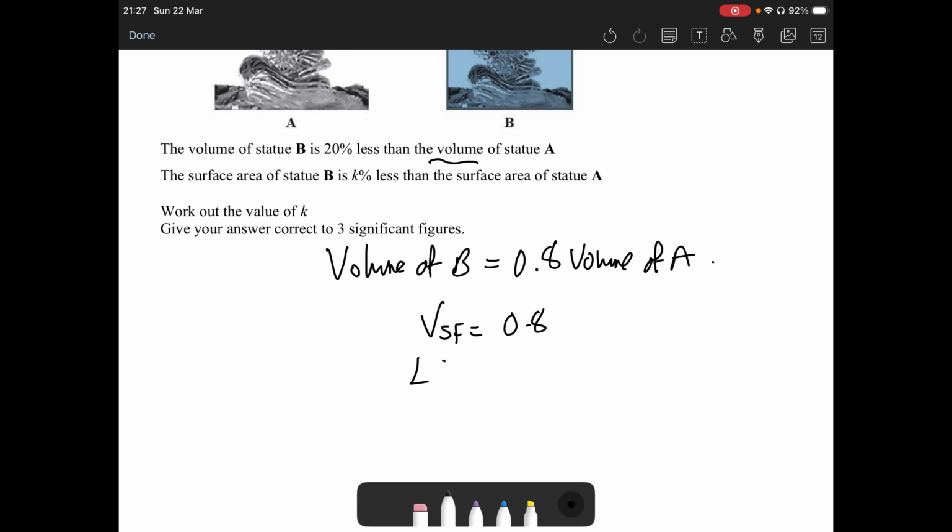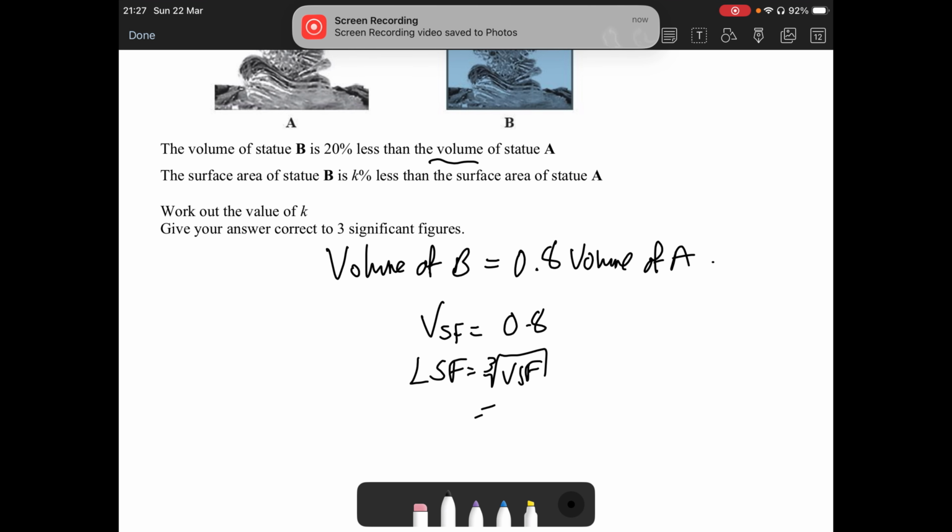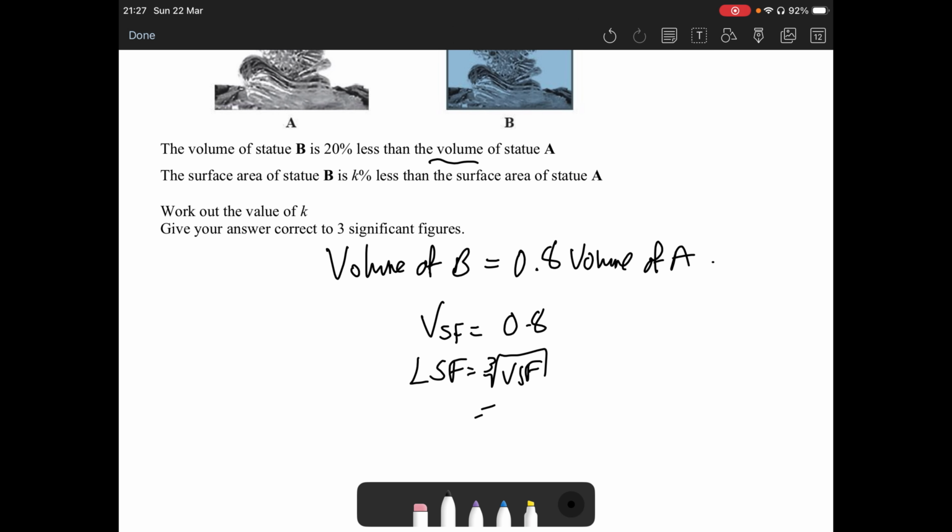Now, the linear scale factor is always the cube root of the volume scale factor. So basically, if we were given the height and width of A and B, the relationship between those heights would be, let's work this out, the cube root of 0.8, which is 0.92831... Basically, this means that all the lengths of B would be 92% of A, right?